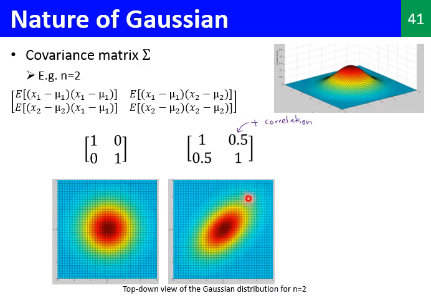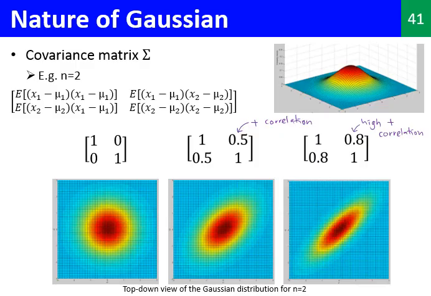That is, when x increases, y would also increase. Okay, and what if I have more correlation, what would be the shape? So here I have high positive correlation. So the shape I would obtain would be sharper than this one, right?